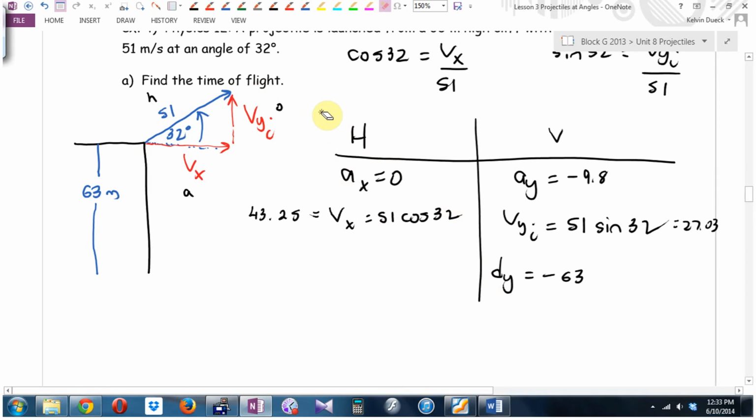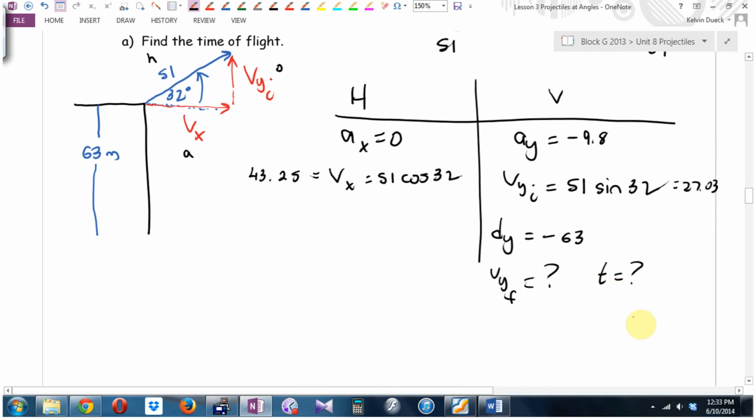Wait a minute. I think you're on the right track. Can't I say this? Now, what am I spending most of my time trying to find? So over here, let's write down t equals question mark, and then put your pencil down.